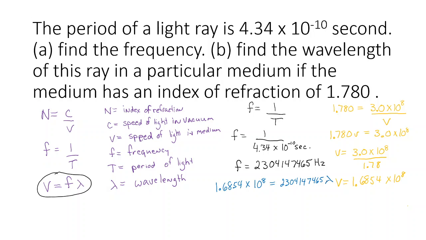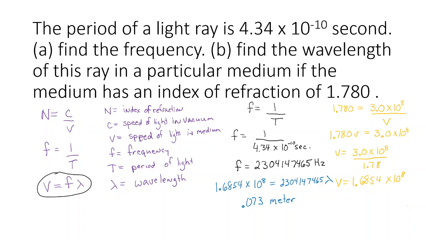So when we put that into our handy dandy calculator, sorry, I'm just double checking. You should double check too. I get 0.073 meters. That's actually not a very long wavelength.